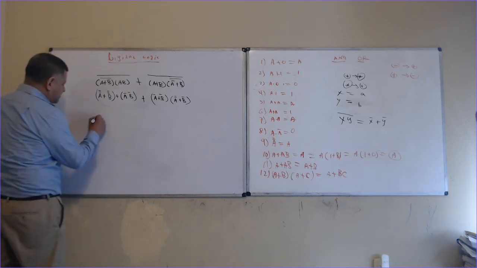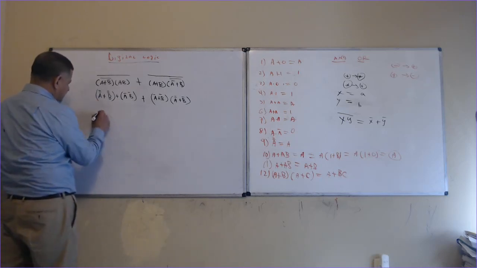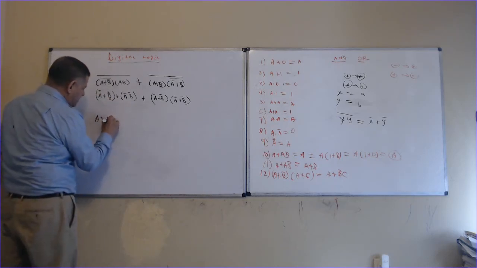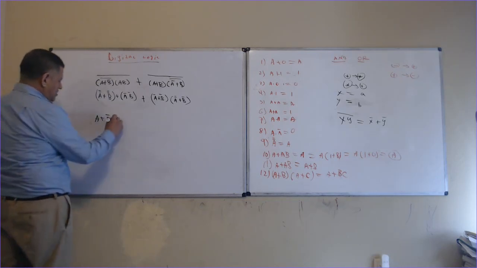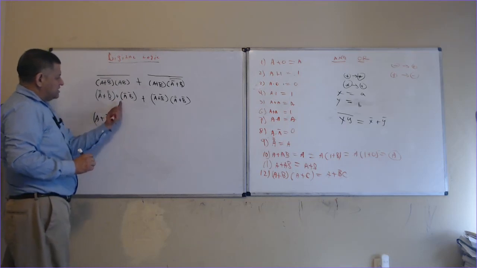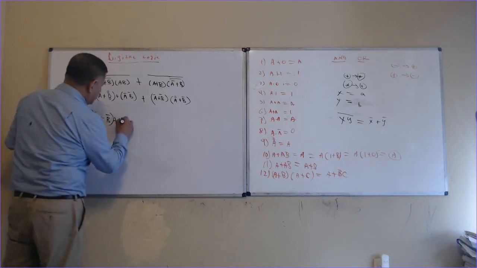So basically this becomes A right here. A plus, two does become a positive, so you're still left with one, so B, plus this plus A or B bar.